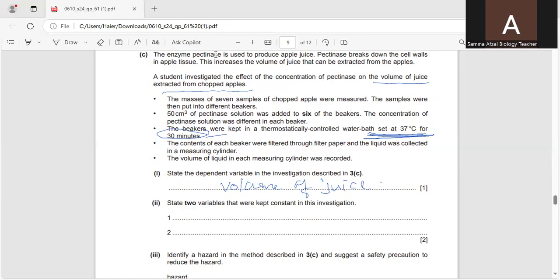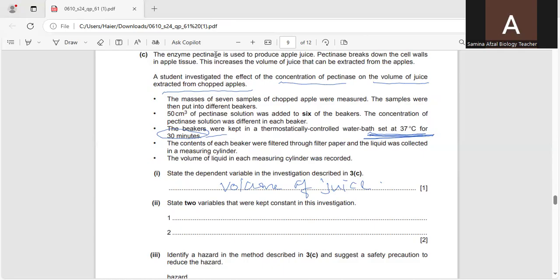The independent variable will be the concentration of pectinase, whereas the dependent variable in this case will be the volume of the juice.